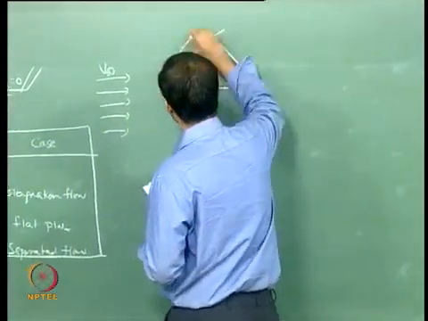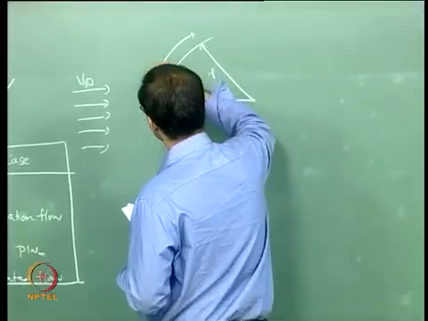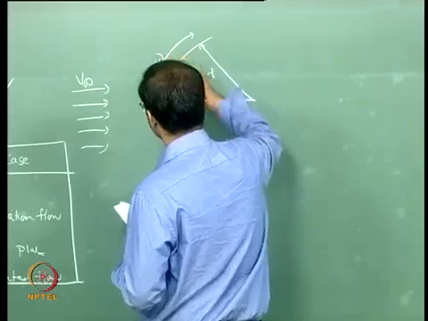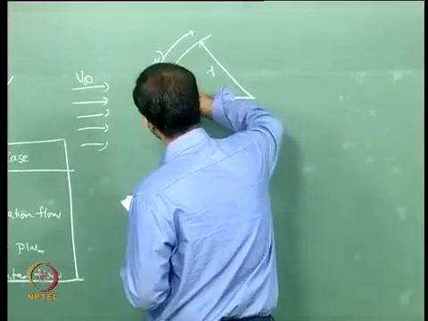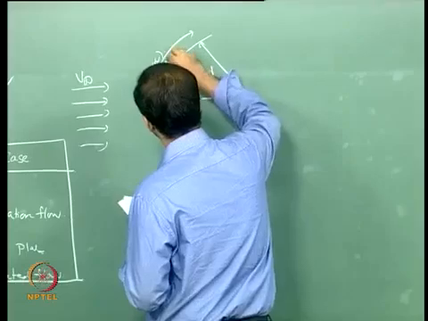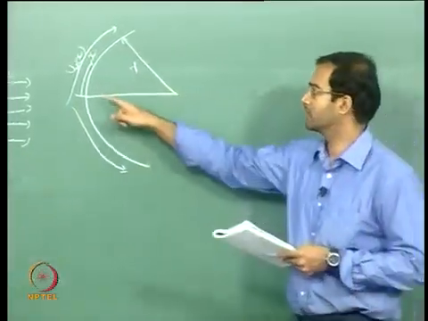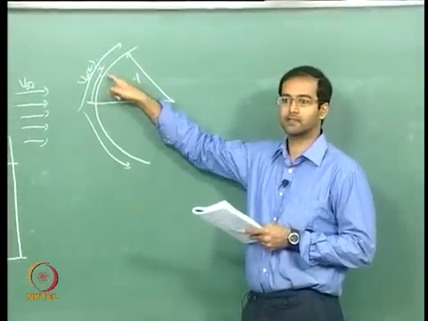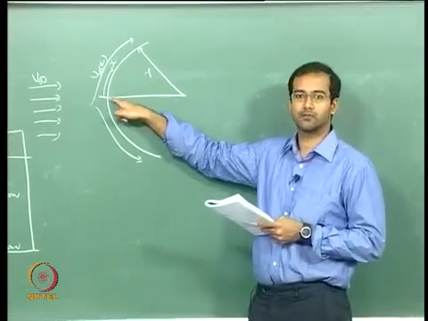When the free stream travels over the surface, it becomes a function of your local coordinate x, where x is defined in this particular fashion. That is the sector distance starting from this point where it is 0.